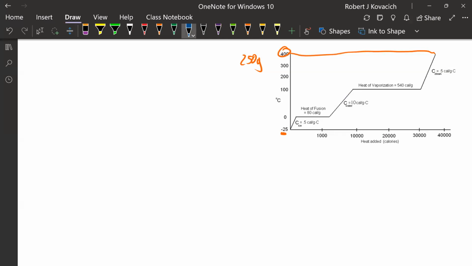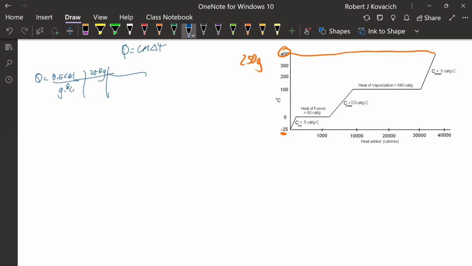And so that means we're going to need to use the specific heat equation, Q equals Cm delta T. All right, so we want to know what our Q is. And our C is going to be, since it's ice, 0.5 calories per gram degrees C. And then our mass, we said 250 grams.